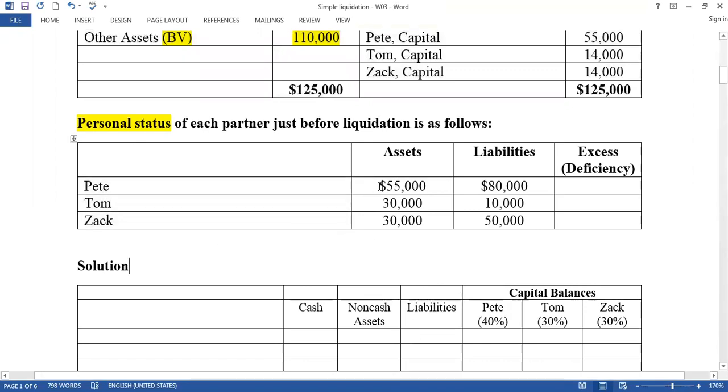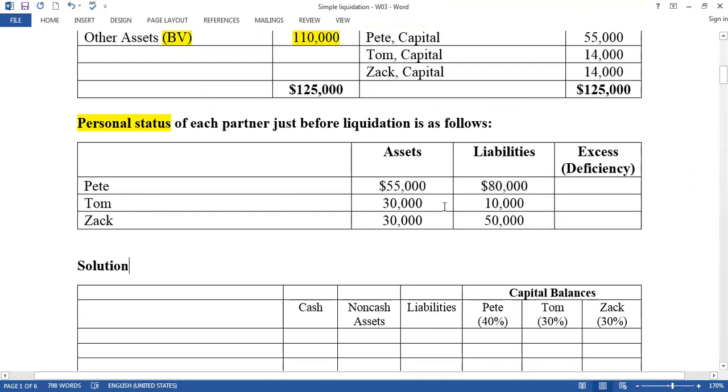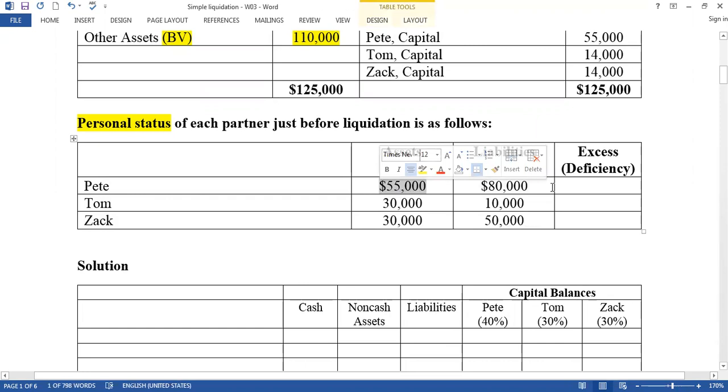P has personal asset $55,000, and the liability is $80,000. This is personal asset. This is personal liability. So is it good news or bad news for P? Your asset is $55,000, but your liability is $80,000.